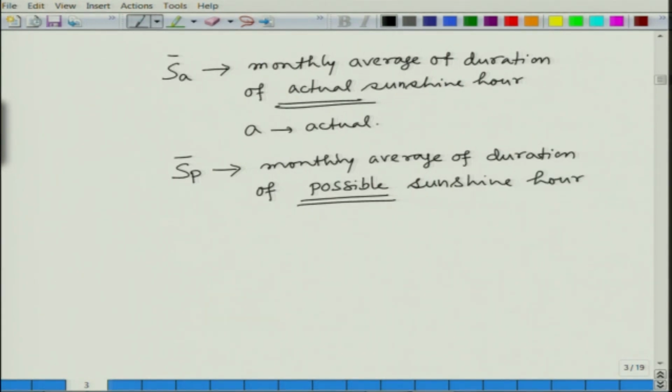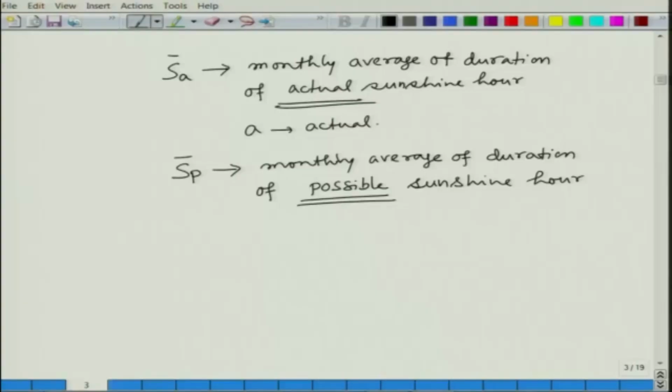So, what do we mean by actual and what is meant by possible? Possible is what theoretically you can expect a particular point of interest will receive sunshine for. So, that is the possible length of sunshine hour.